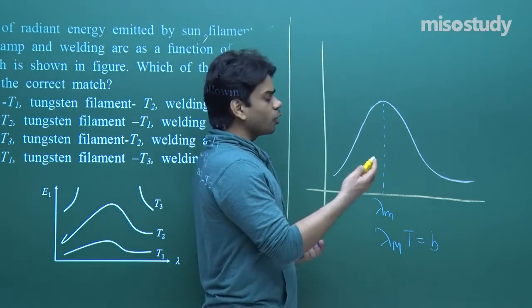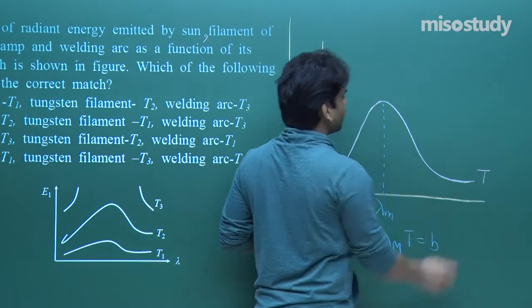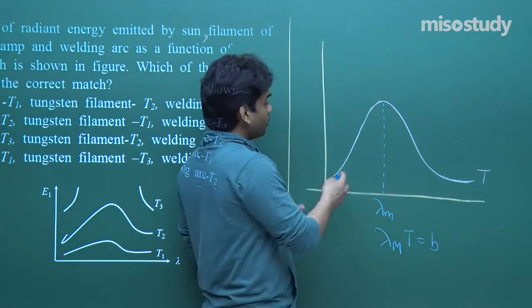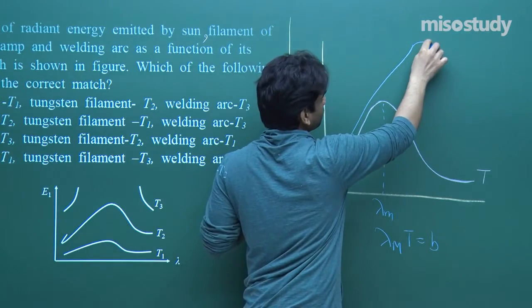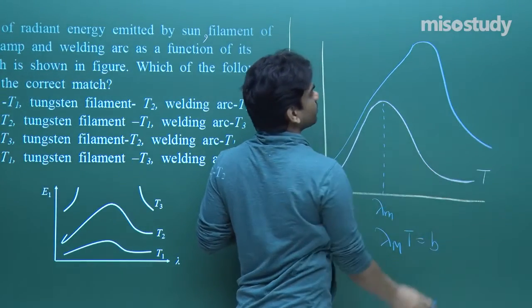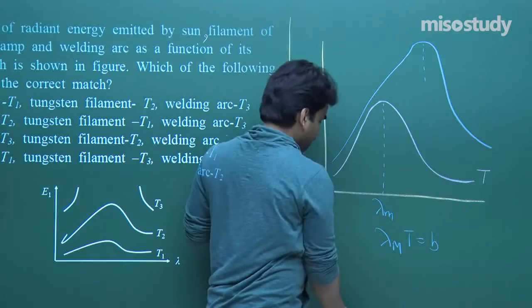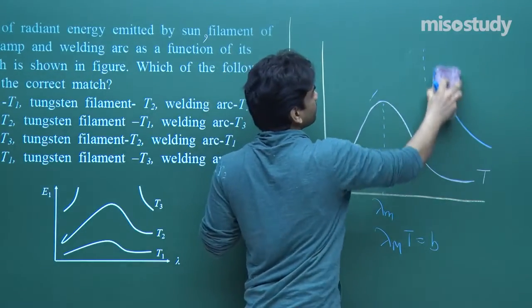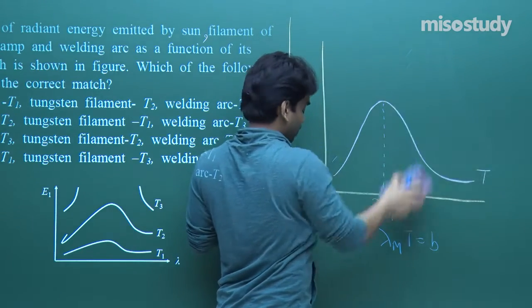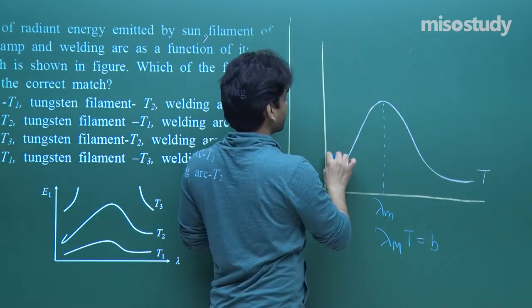If any other curve you want to talk about, the temperature is T. If I draw a different curve, let me draw a very appropriate curve so that you will not get confused, so that we may get an idea about the temperature variation.